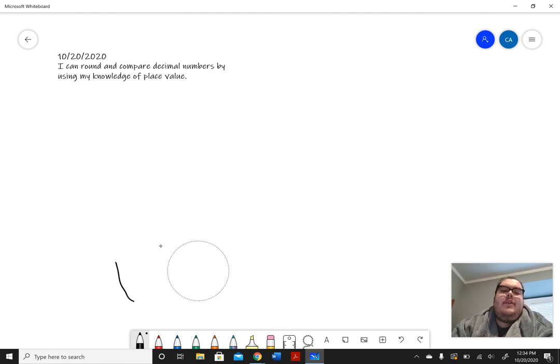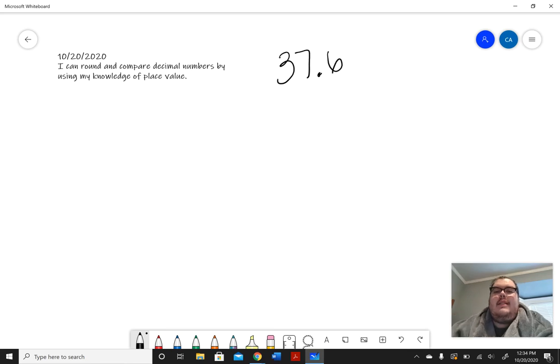Now let's give it another go, and I'm going to make a note of the one that we did. We already did 37 and 6 tenths. Now let's do 37 and 3 tenths.